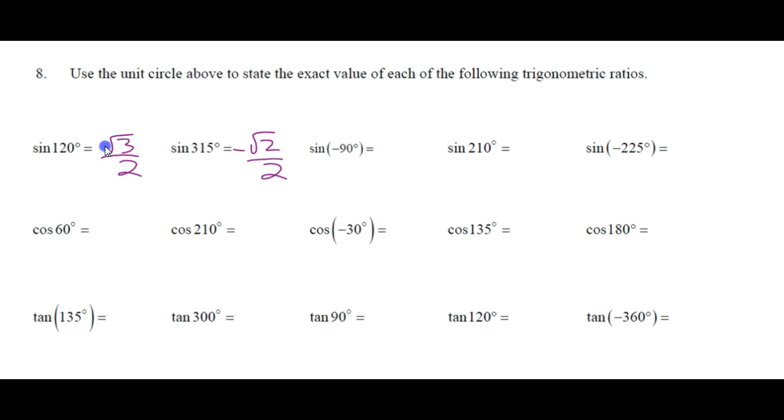So I could just add 360 to that, or I could just rotate 90 degrees, going which way? Clockwise, instead of counterclockwise. So negative rotation angles are clockwise. So I just rotate 90 degrees clockwise, and what do I get? Yeah, 270, and what's the sine? Negative 1.